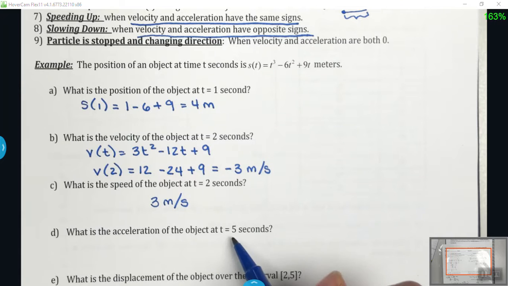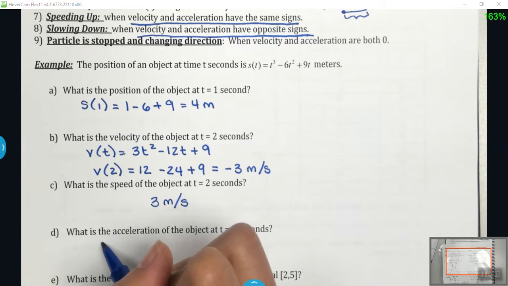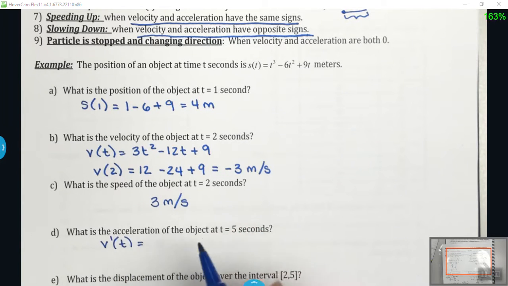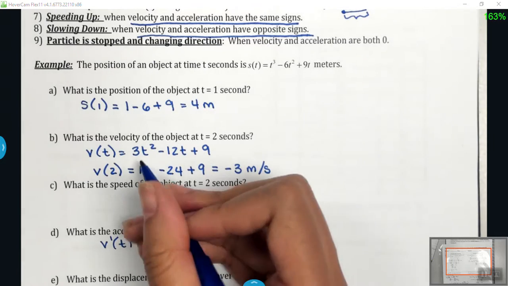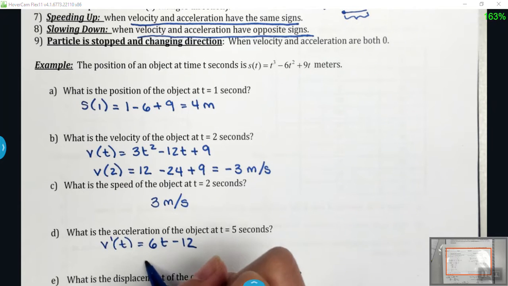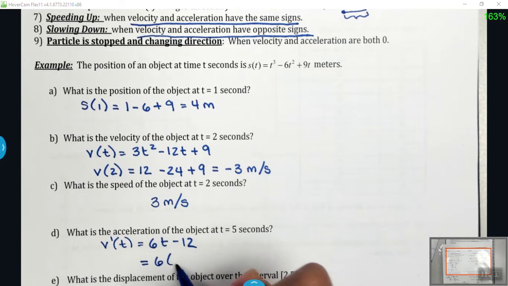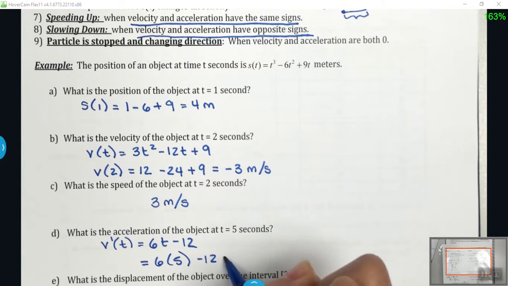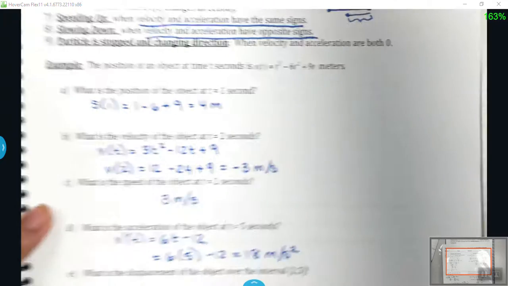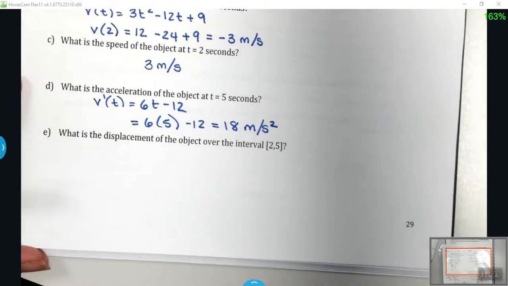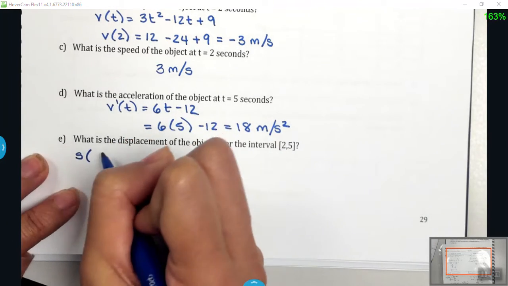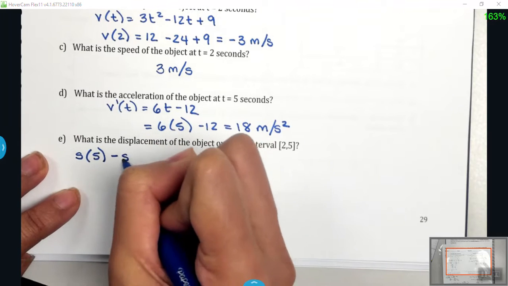And acceleration at t equals 5, now we take the second derivative, v prime of t, which is the derivative of this, 6t minus 12, plug in 5. You get 18 meters per second squared. And then displacement. Okay, displacement means s of 5, my position at 5, minus my position at 2.